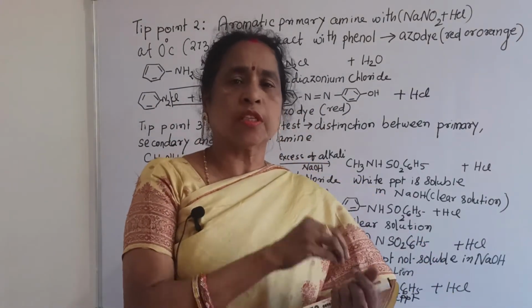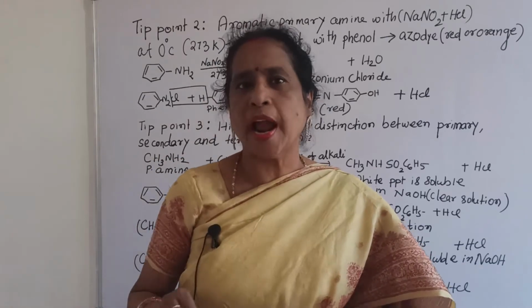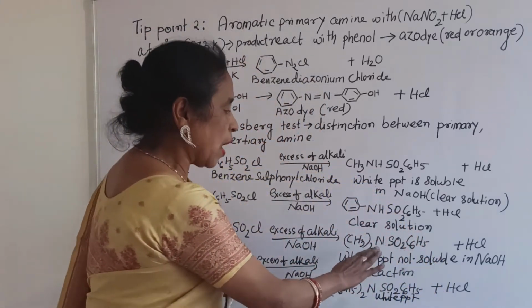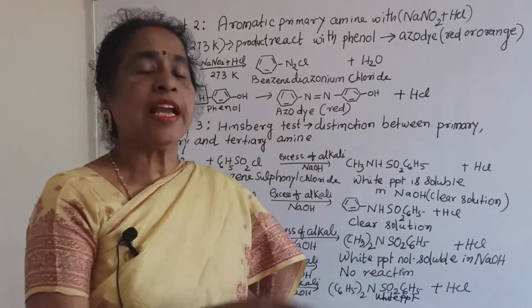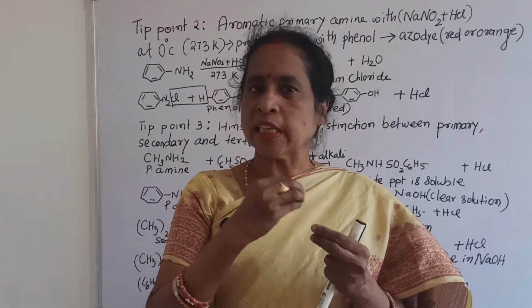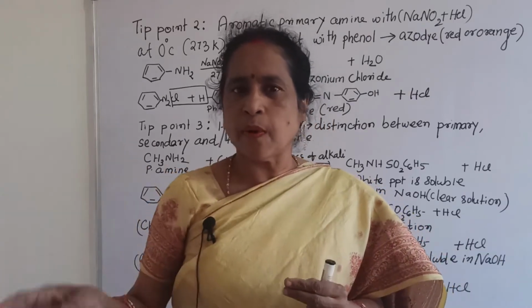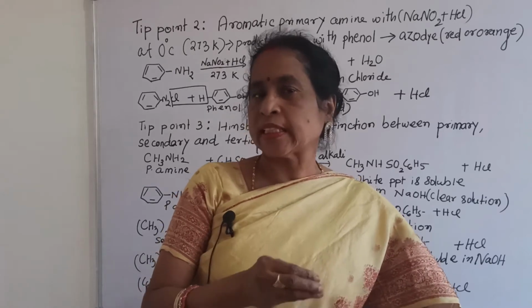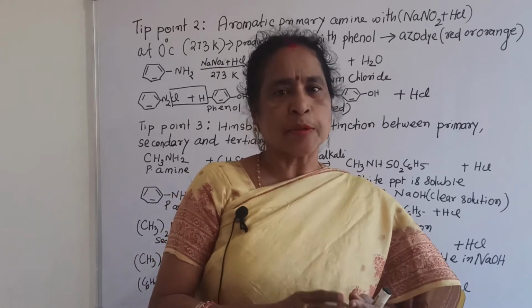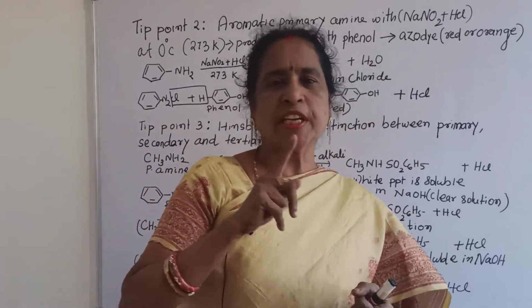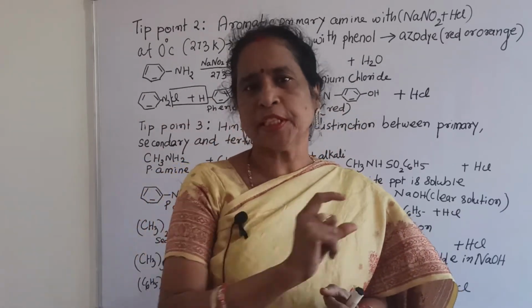When you react it with benzene sulfonyl chloride and excess of NaOH, a white precipitate is formed only. It will never dissolve in excess of NaOH. That means a primary amine gives a clear solution, while a secondary amine gives a white precipitate.